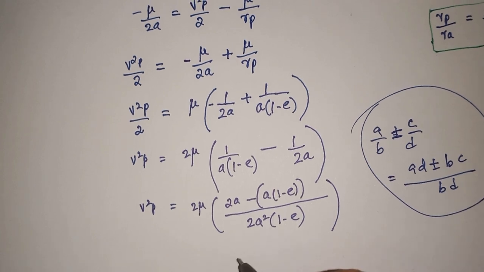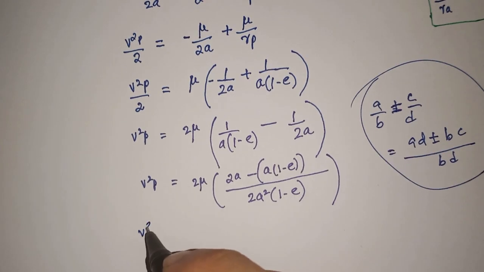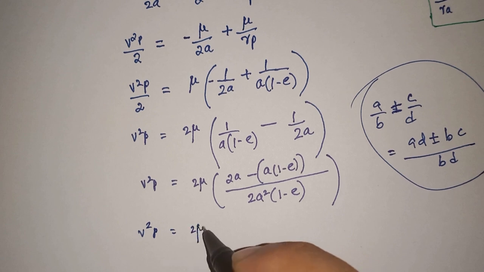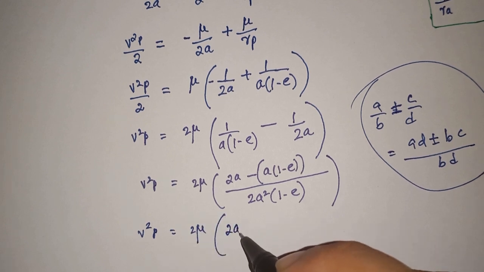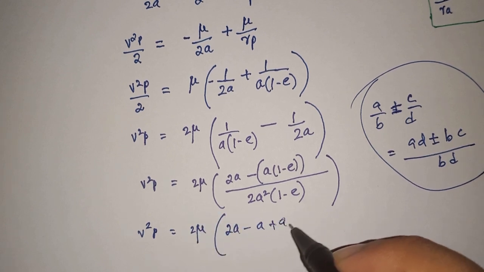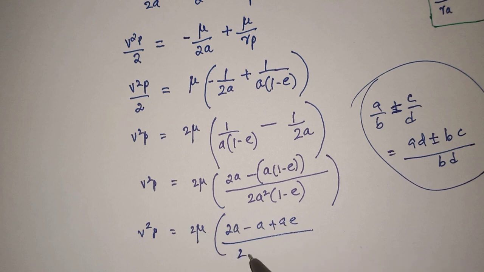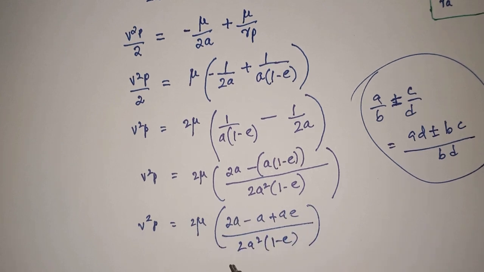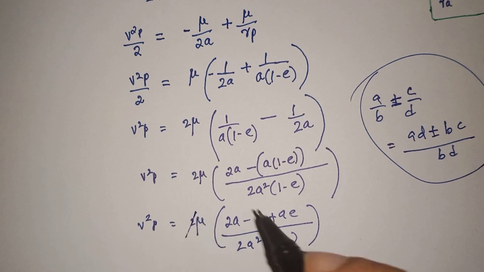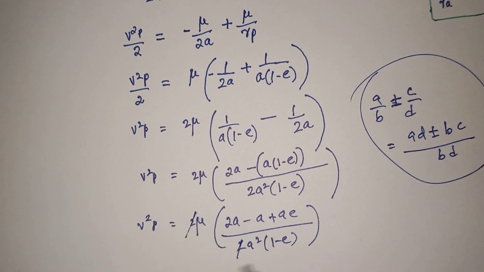Now if you do here, you get v square p equal to 2 mu, and you get 2a minus a plus ae divided by 2a square into 1 minus e. And here you can do one more simplification. You can cancel 2 here, and 2a minus a is actually a, so you get a plus ae by 1 minus e.